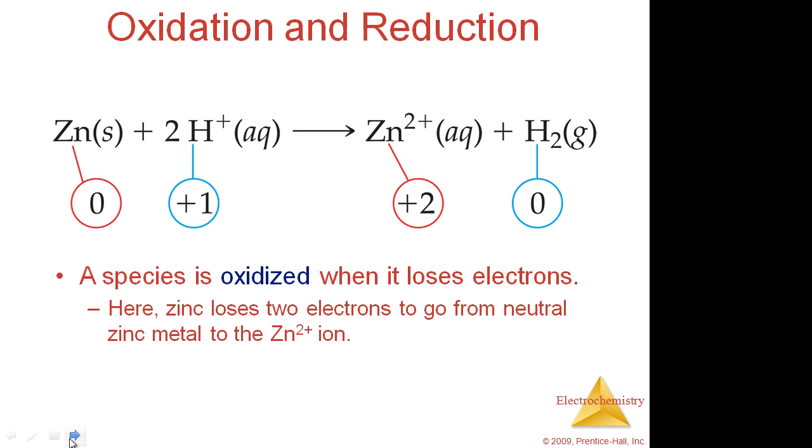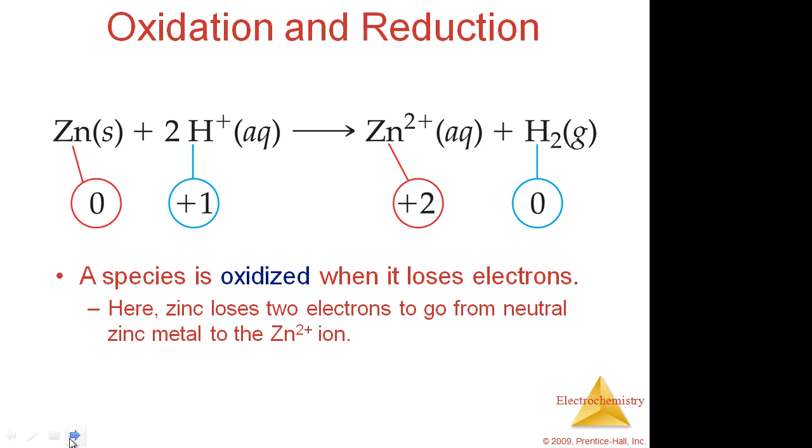So the species which is oxidized, as we said, loses electrons, because oxidation is loss of electrons, right? So when somebody is losing electrons, we say that species is oxidized. For this example, zinc, which had 0 oxidation number, became a zinc 2+ ion. How does zinc become zinc 2+? When it loses 2 electrons, right?